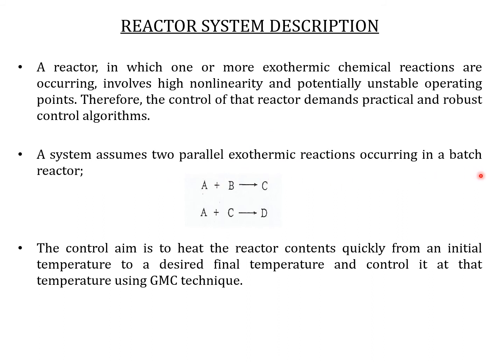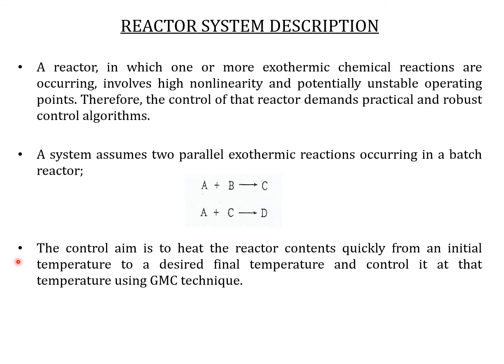Okay, again, the batch reactor system is highly nonlinear, difficult to control, with a profile, and this is where GMC comes in. In this case, the control aim is to heat the reactor contents quickly from an initial temperature to a desired final temperature, and control it at that temperature using the GMC technique.